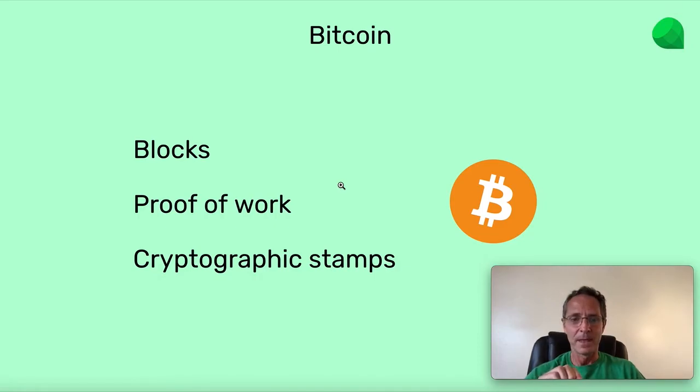This is key. And once they verify that, they put it as the next block in the blockchain. This is why it's called a blockchain, because all the transactions and the history of all the accounts and balances of Bitcoin are entered every 10 minutes as a new block of transactions with a cryptographic stamp.